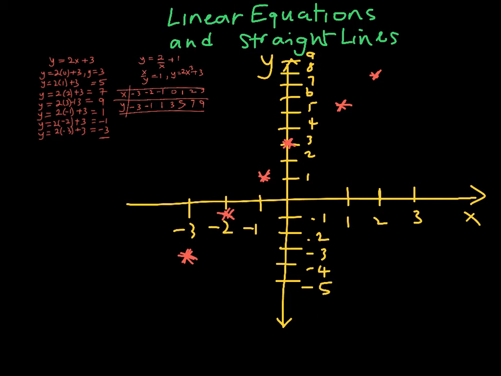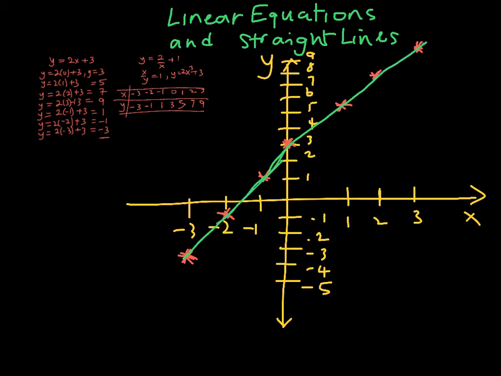So 3 and 9. Okay, now what we see here is what? The dots go in a straight line. If I try to use freehand to connect these, we should get a close approximation to a straight line.